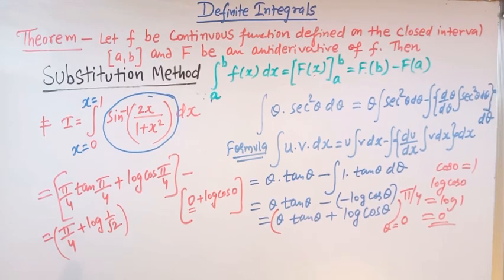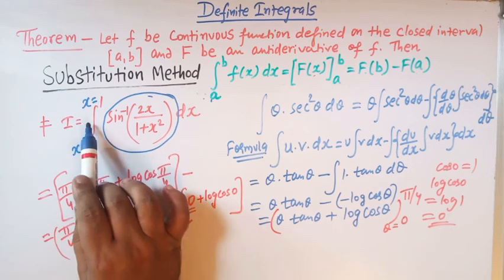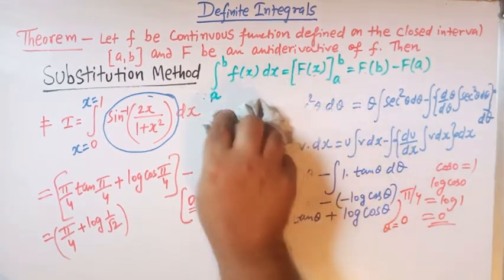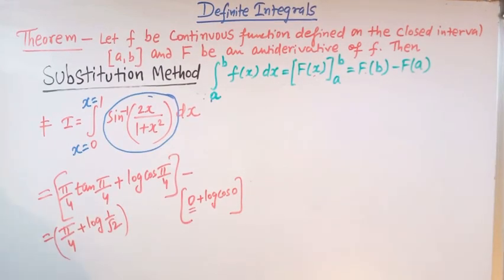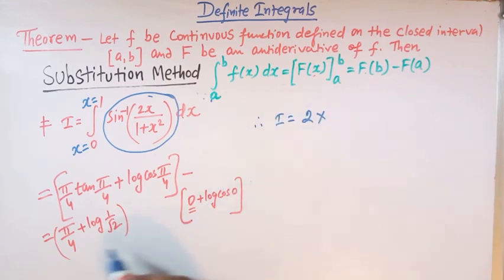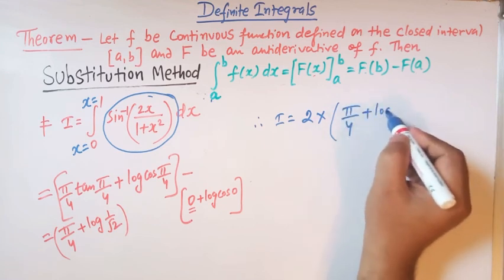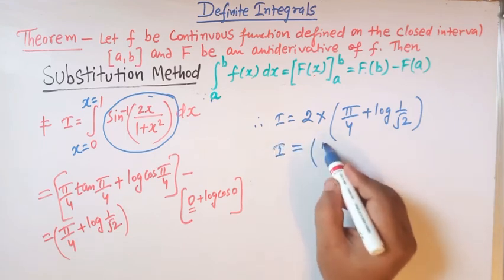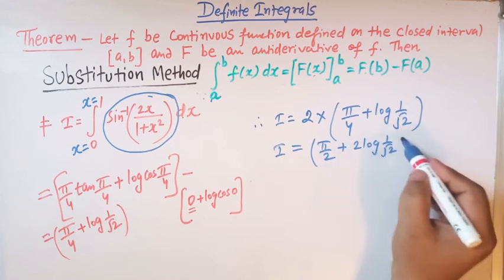Now we have a factor of 2 outside this integral when we made the substitution x equal to tan theta. So therefore I is 2 times this factor, right? This is pi by 4 plus log of 1 by square root of 2, so I is equal to pi by 2 plus 2 log 1 by square root of 2.